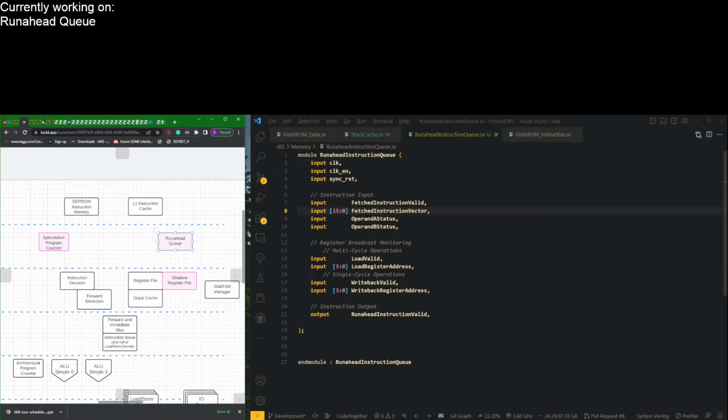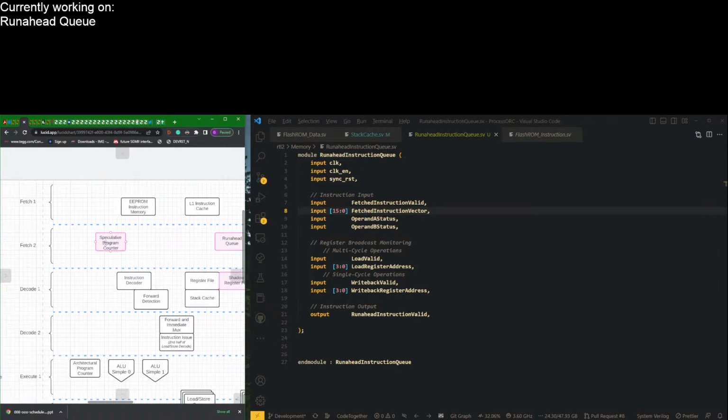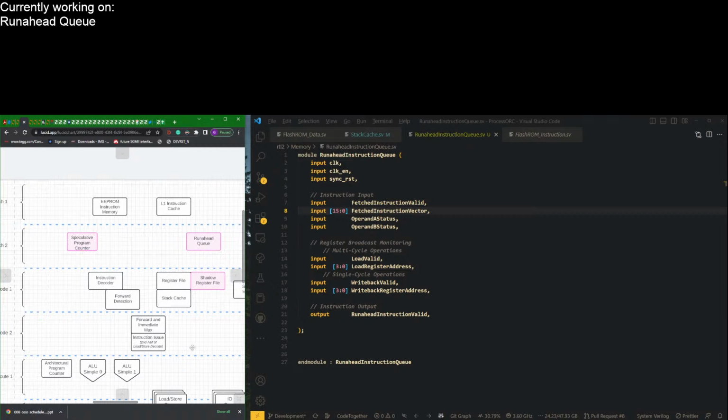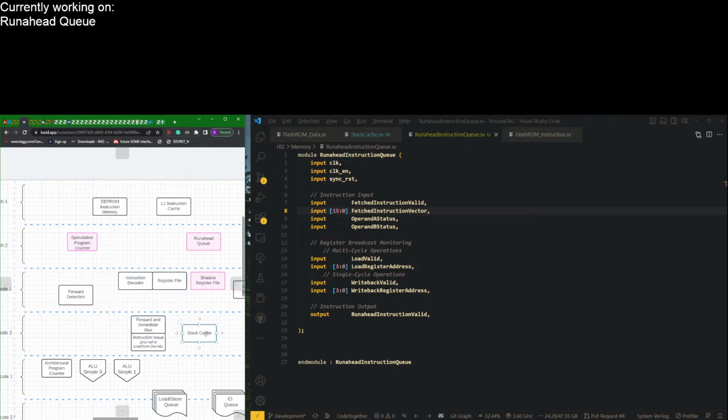Let's see. I'm trying to figure out where in this pipeline I want to have this exactly get its inputs and outputs. So you have the instruction decoder, which can go parallel to the register file. Well, no, it technically needs to go after.